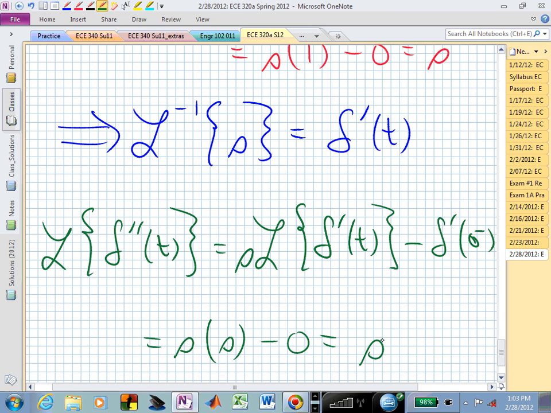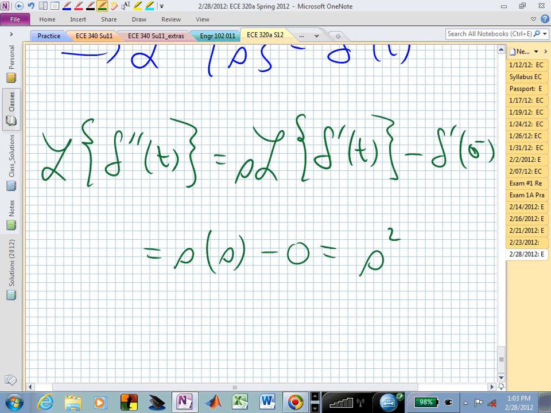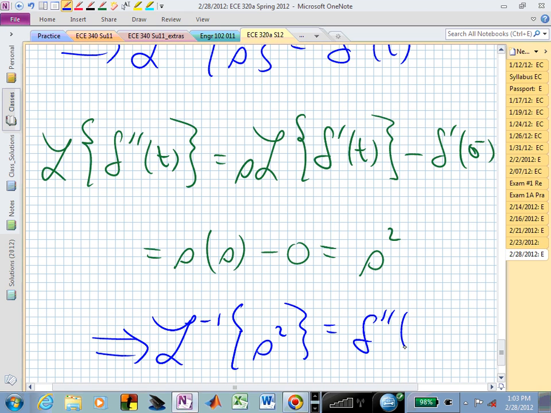And now we have the Laplace transform of the second derivative of the impulse is s squared, or we can now say that the inverse Laplace of s squared is the second derivative of the impulse.